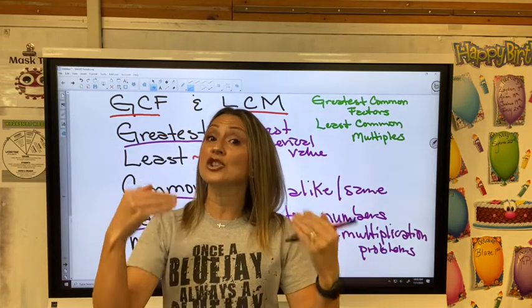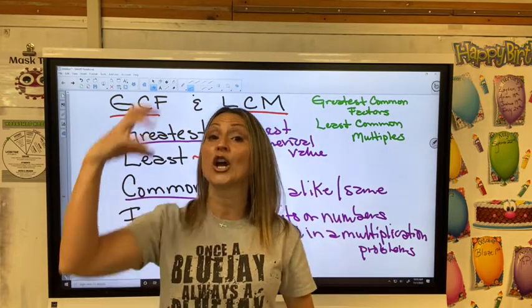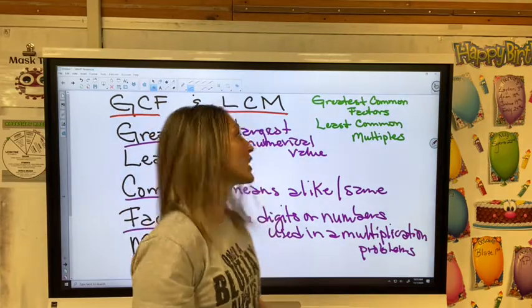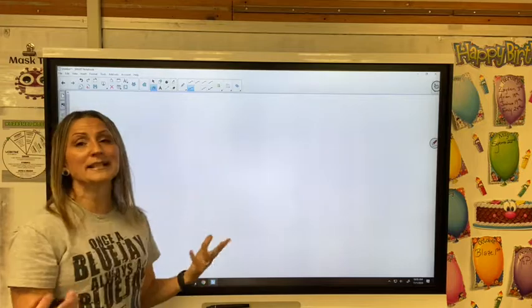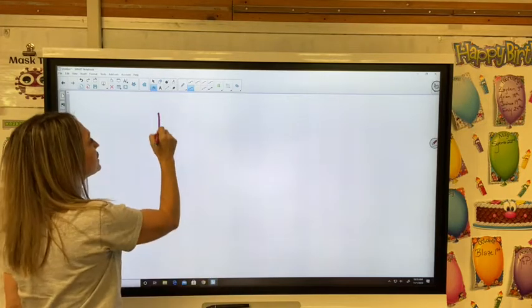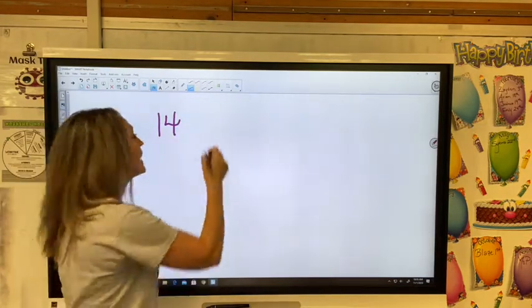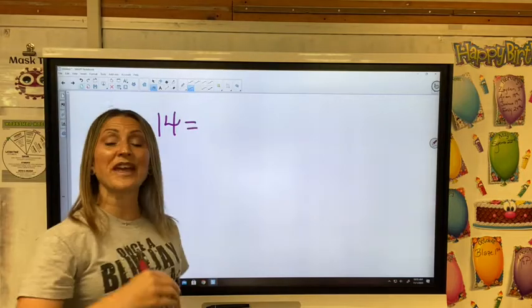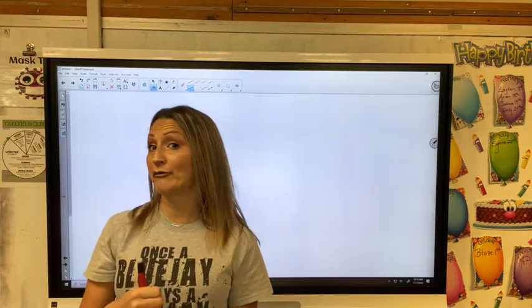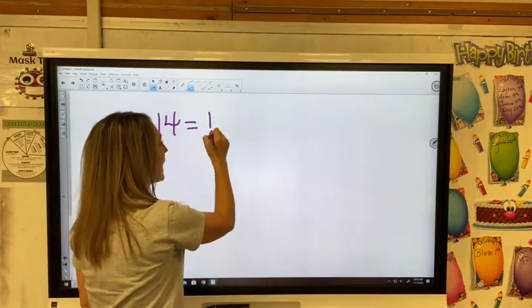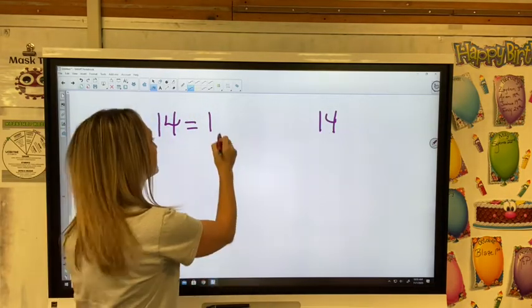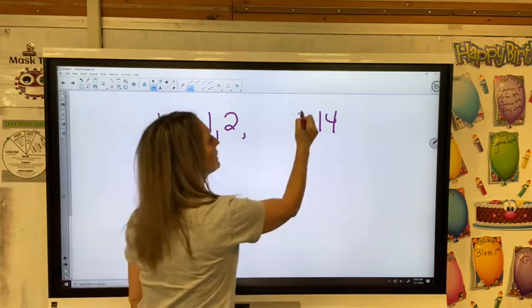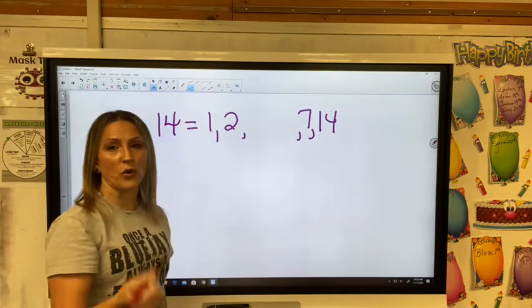And that is what GCF stands for, greatest common factor. And when we look at that, sixth graders, I'm going to give us an example. Greatest common factor. I want to use the number 14. So when we think of 14, we think of all the factors that make up 14. 1 times 14 gives me 14. 2 times 7 gives me 14.